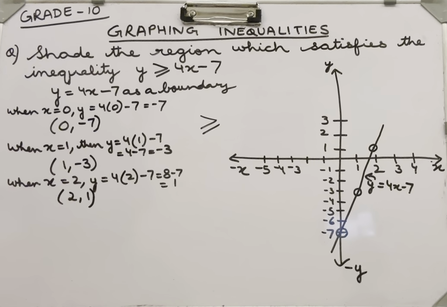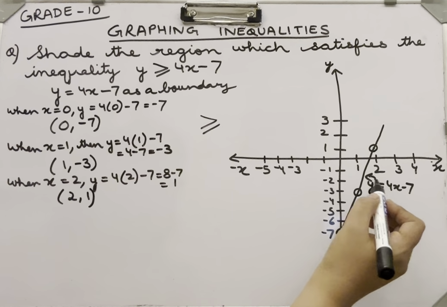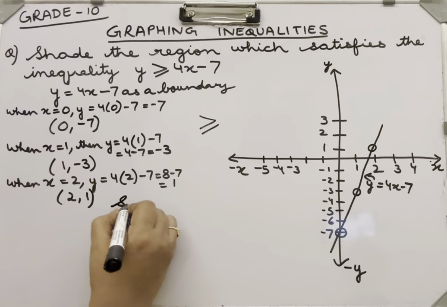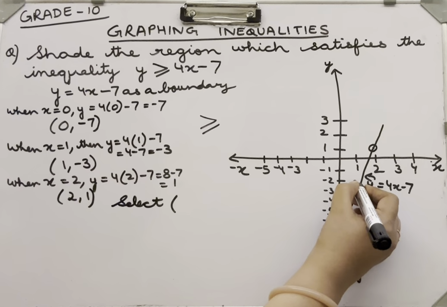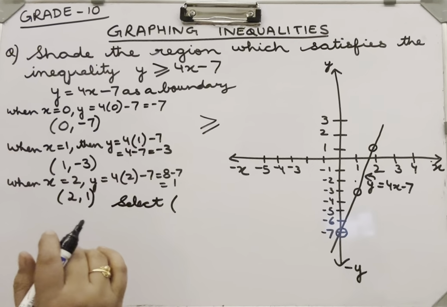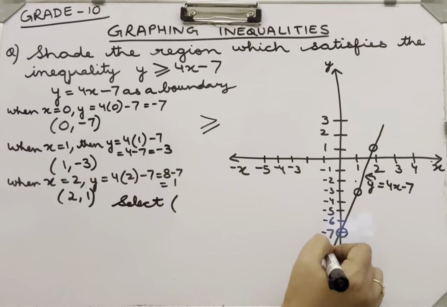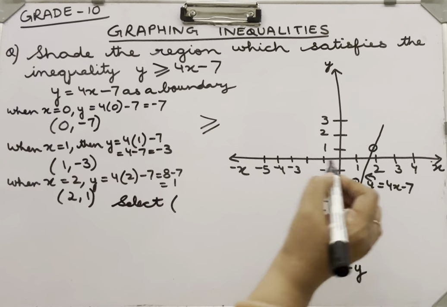So we will first substitute any coordinate in either of the regions. Suppose we select 1 and minus 2, which lies on the left part of the given line, y equals 4x minus 7. So 1 and minus 2, we'll check for this point.